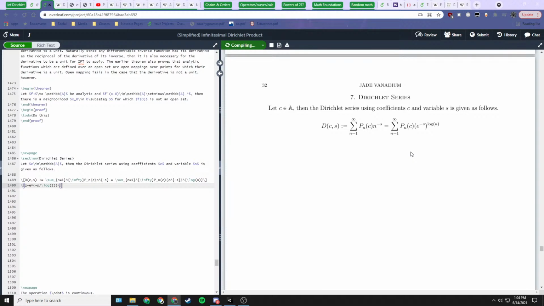So let's see how that goes out. If we did a change of variables like this, then this would end up being sort of like a power series. So under this change of variables, we get e to the power of negative s. This is just z to the power of, this should be the other way around.